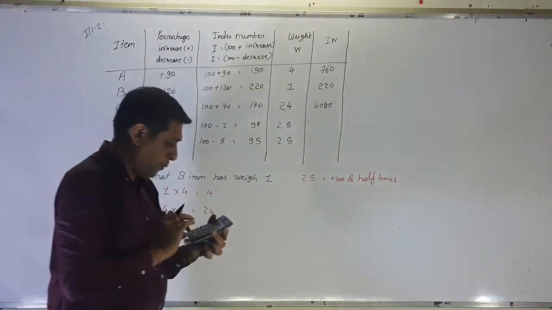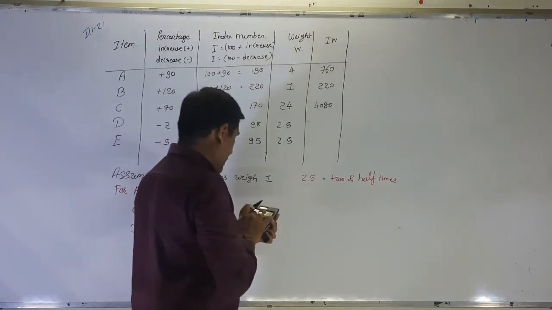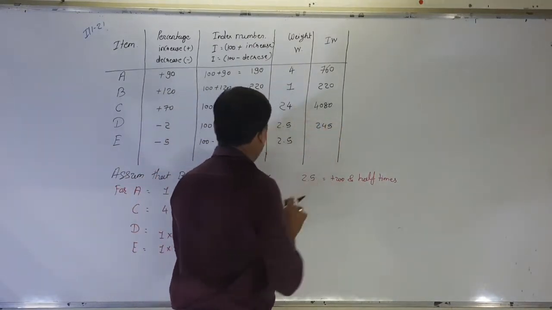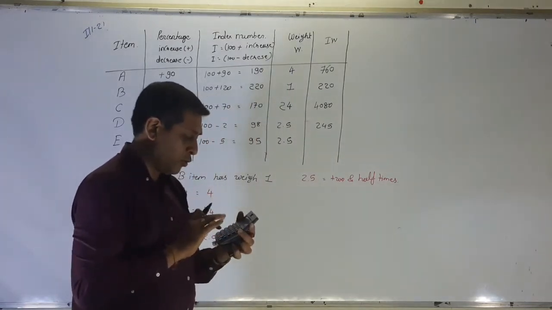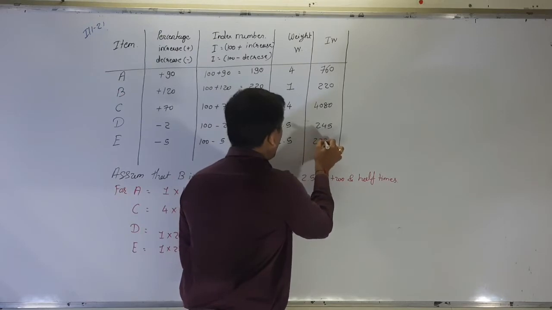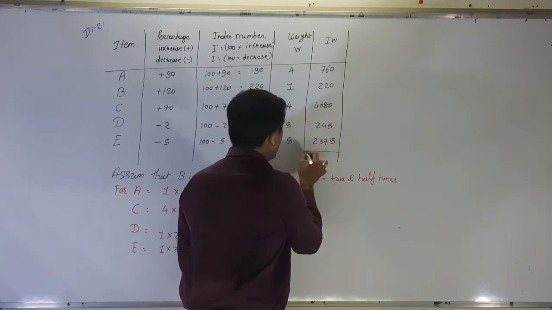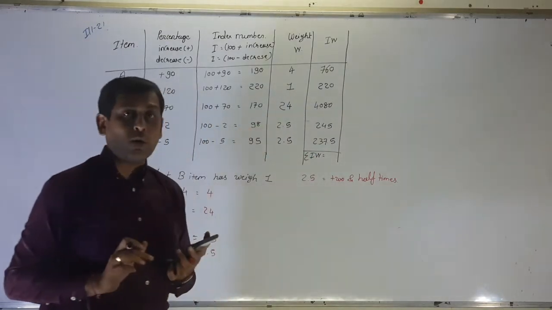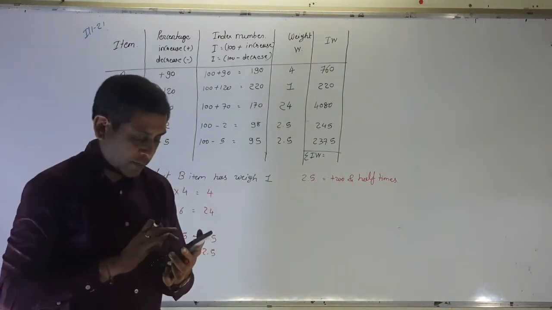Next, 2.5 into 98 is 245, and then 95 into 2.5 is 237.5.